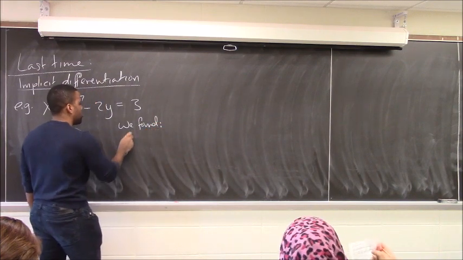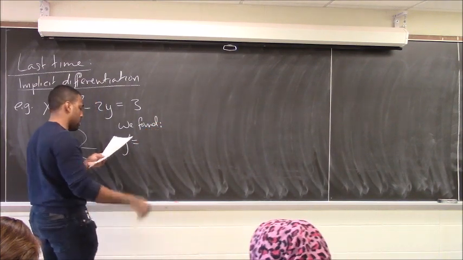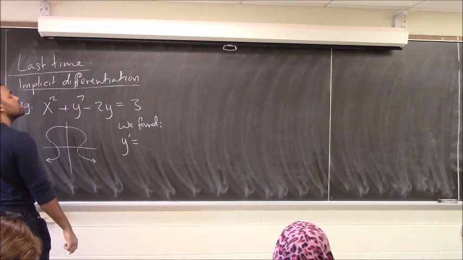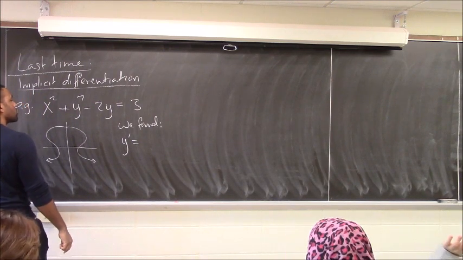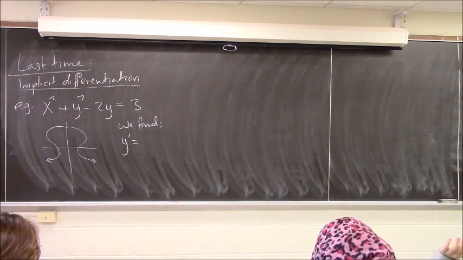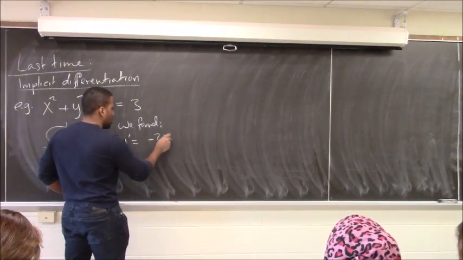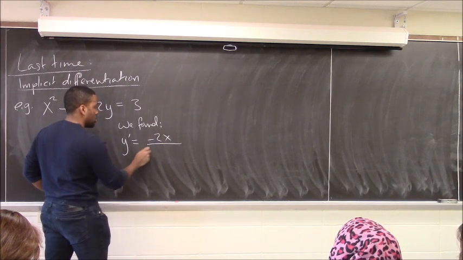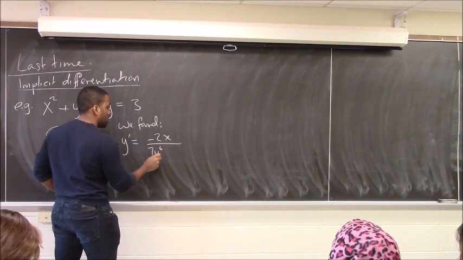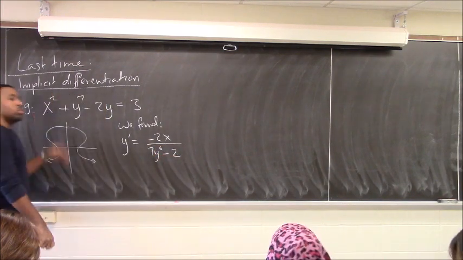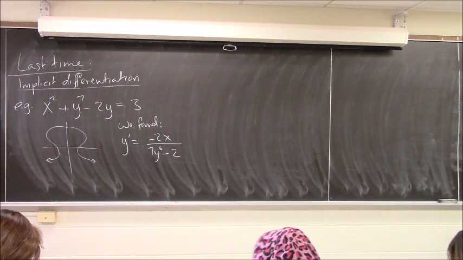We found that y prime was, well, I don't have the answer here. What did we say? Yeah? Negative 2x over 7y to the 6 minus 2. Okay. So we did implicit differentiation, we figured that out.